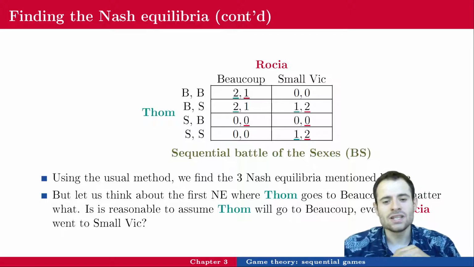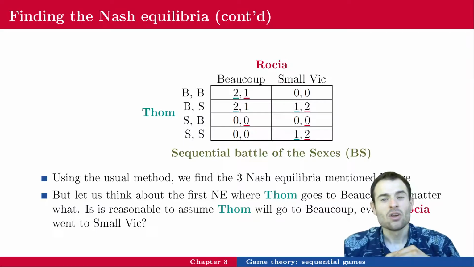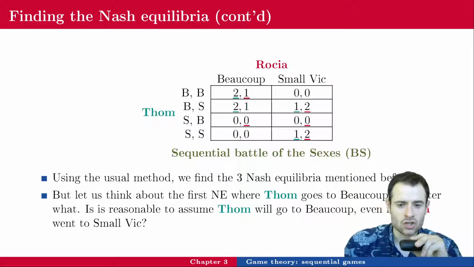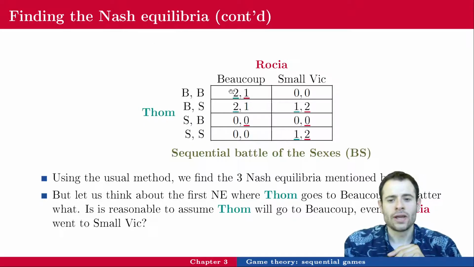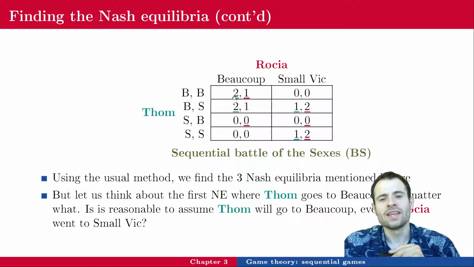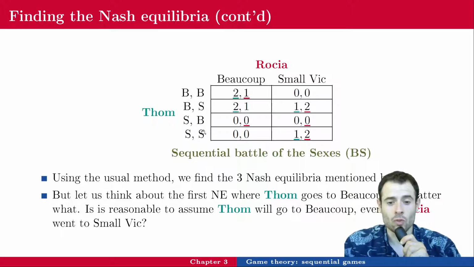So, out of these 3 Nash equilibria, 2 of them are in fact not that reasonable. I just talked about the beaucoup beaucoup. You can imagine already the other one that is debatable, the third one, the small victory regardless.